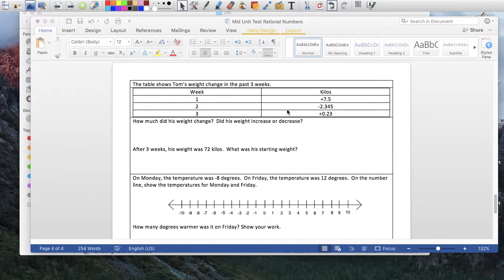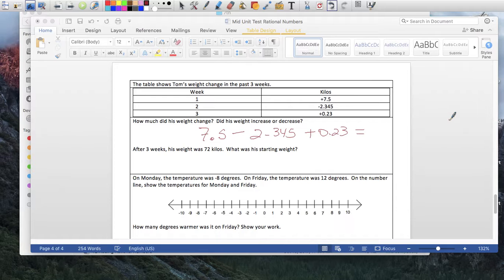All right, so this one I think gave some of you a little challenge. So here is his weight change. Week 1, he gained 7.5 kilos, then he lost 2.345 kilos, and he gained 0.23 kilos. So what did his weight increase or decrease after 3 weeks? Well, let's see. First he gained 7.5, then he lost 2.345, then he gained 0.23.